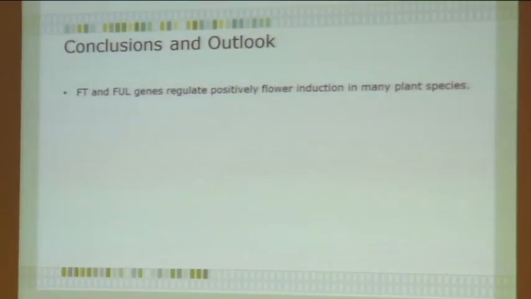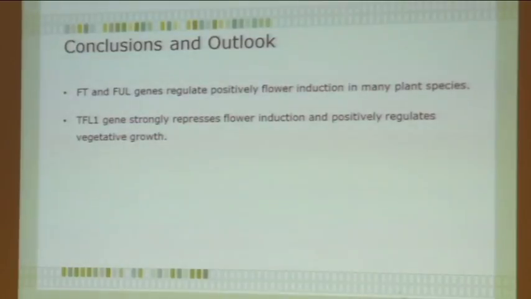Just to give you a quick wrap up and a summary, the integrator genes FT and FUL seem to positively regulate flower induction, not only in apple, but also in many other plant species.